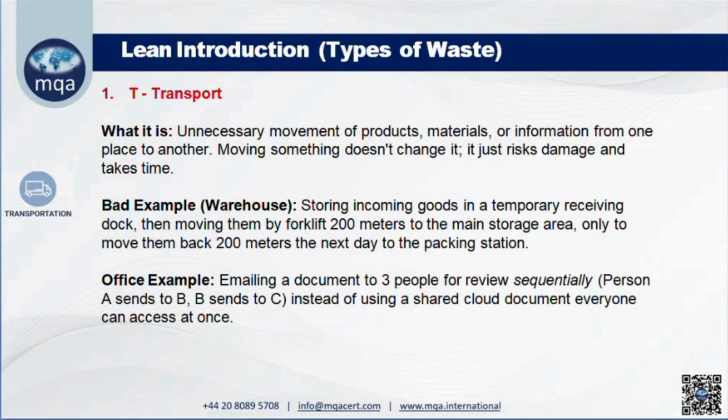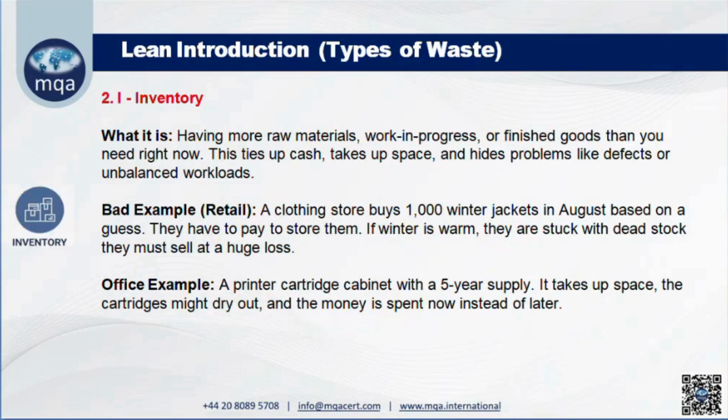The second is inventory. Having more raw materials, work in progress, or finished goods than you need right now. So your cash is tied up, you have a whole storage space locked up because of inventory which is not getting sold. And you want to buy more material, but there is no space to keep it.